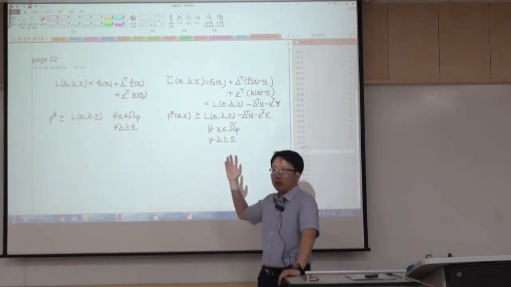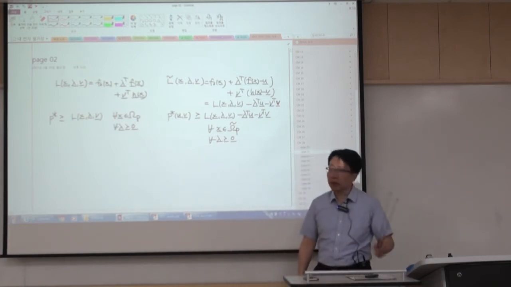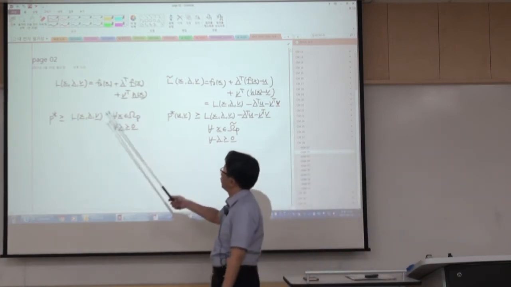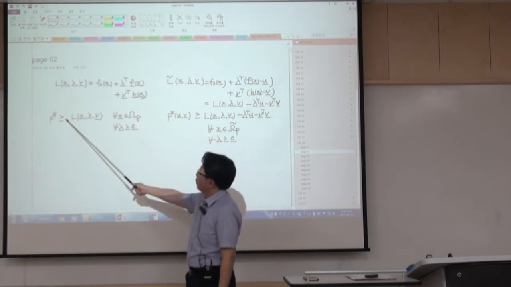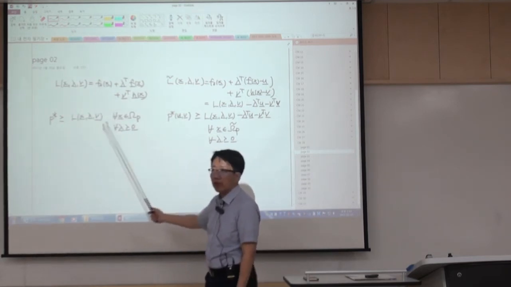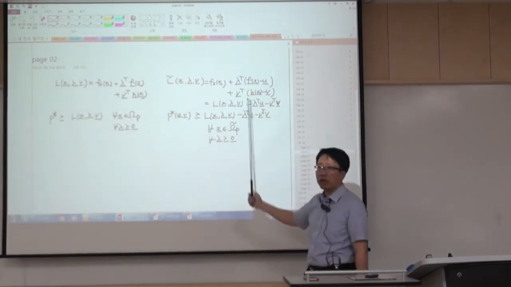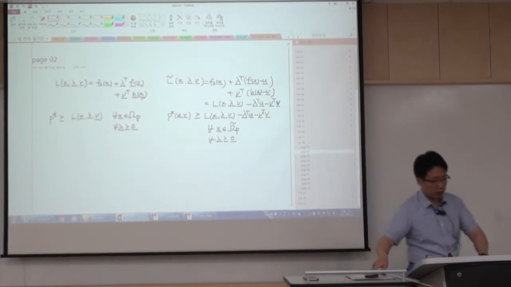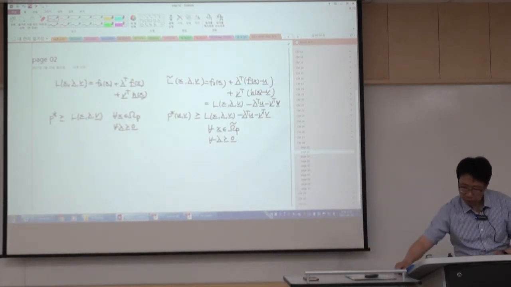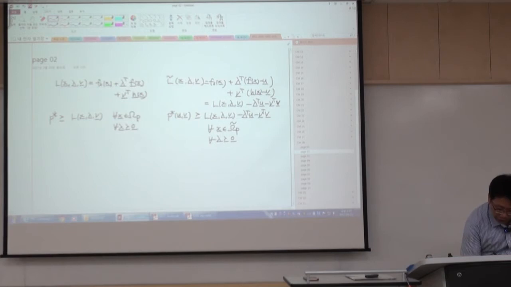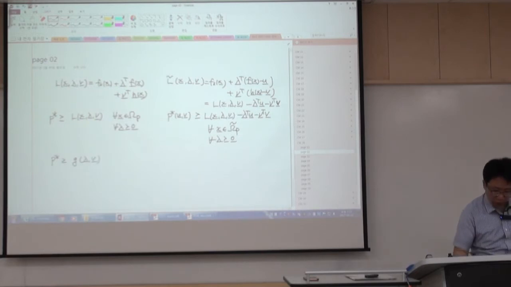Now, what do we do? Usually what we do is that we infimize the Lagrangian, right? We infimize the Lagrangian over x. So the next step is p star is greater than or equal to the infimum, for all lambda greater than or equal to 0.